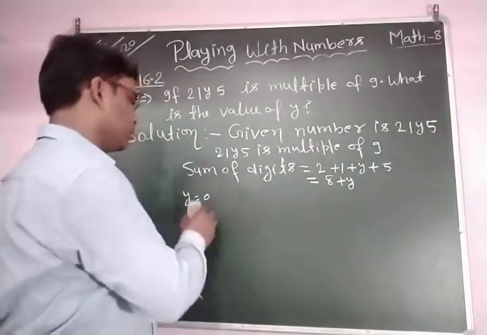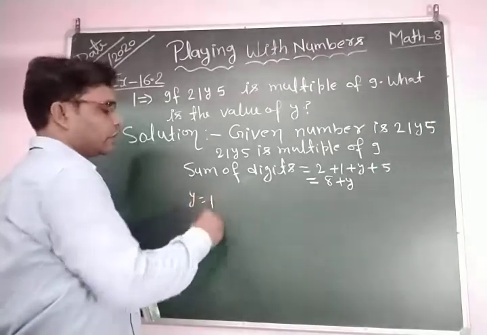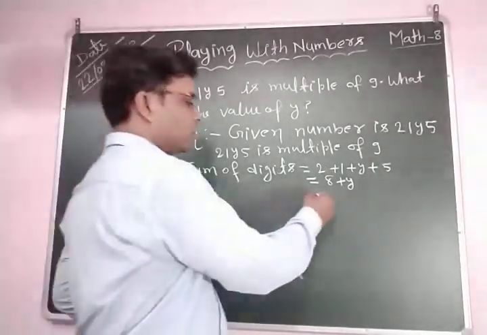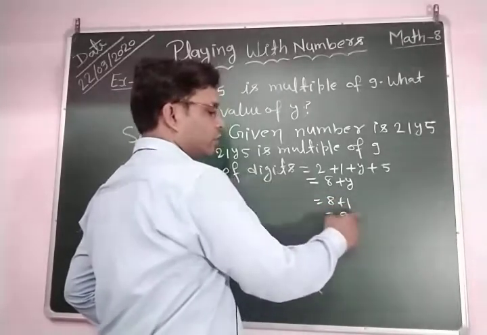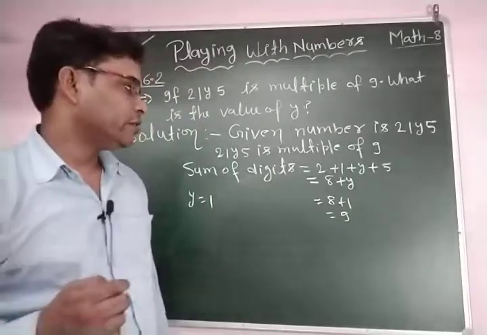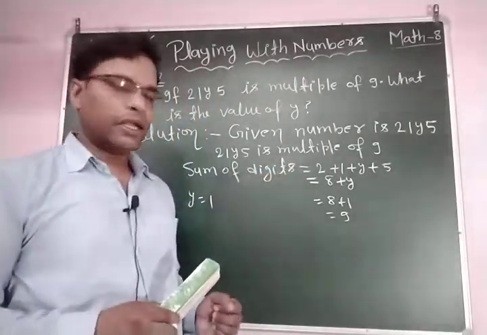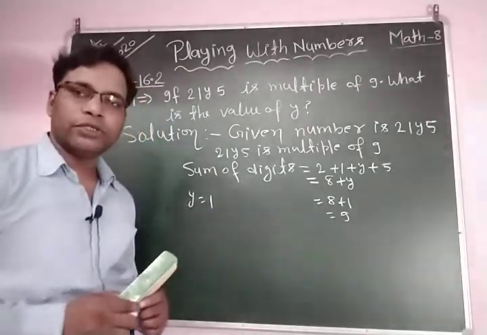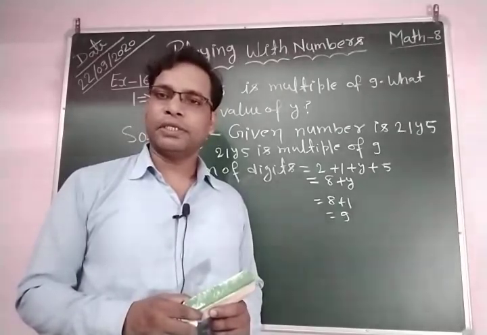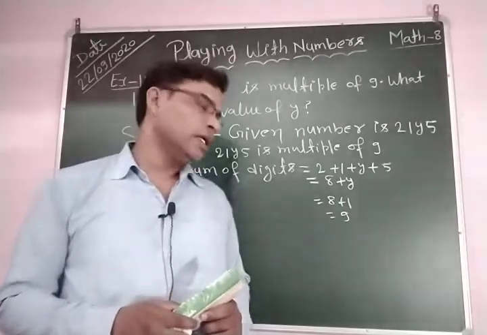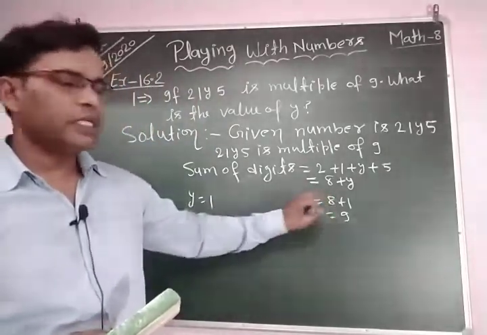Again we take y equal to 1, so 8 plus 1 is equal to 9. This 9 is divisible by 9. It means that the given number is divisible by 9. And if you put any other digit from 0 to 9 except 1, the number is not divisible by 9.